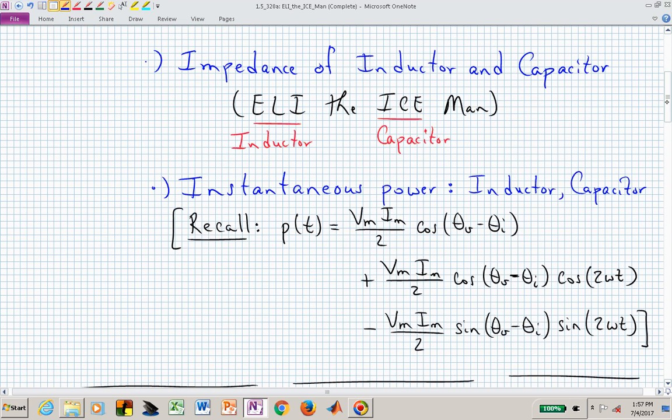And then in more general circuits, meaning ones that might be more inductive or more capacitive, they will act more like an inductor or more like a capacitor, respectively.